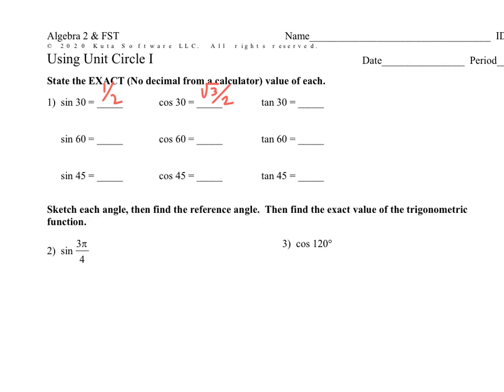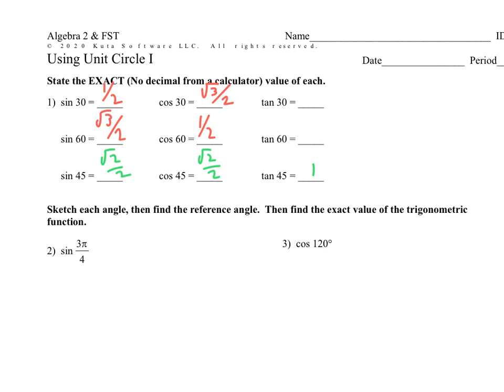The 60: the sine is root 3 over 2. The cosine is 1/2. That's a nice one. And we talked in the other video about how to find the tangents. I know for 45, it's root 2 over 2 divided by itself, which gets you 1.